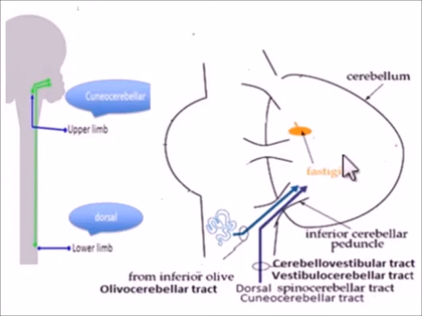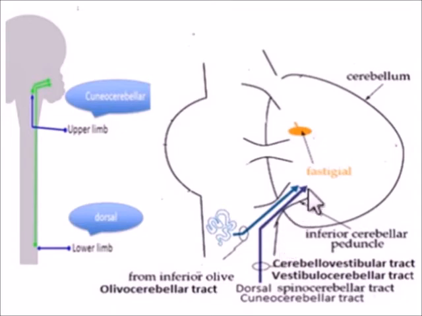The other tracts that come out or go to the cerebellum are the vestibulocerebellar tract. It goes from the vestibular nuclei to the vestibulocerebellum, and this tract goes through the inferior cerebellar peduncle.